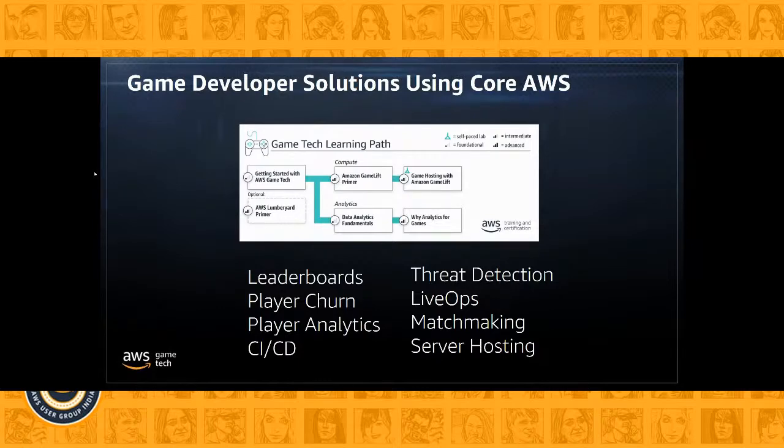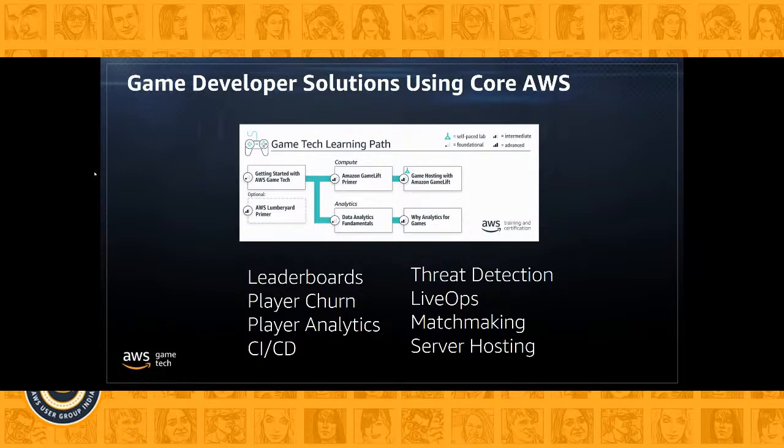Player churn: how to keep your players engaged, gain retention, and not have them drop off. Any sort of analytics, so player analytics or any analytics with your game. We've developed an analytics pipeline. CI/CD, which we will also talk about a little later.